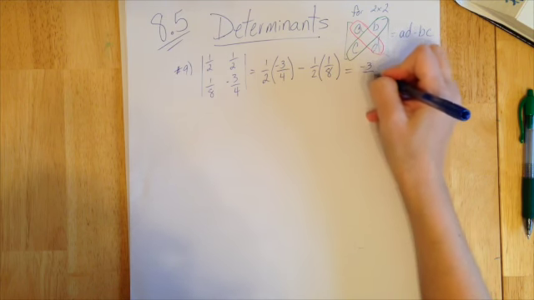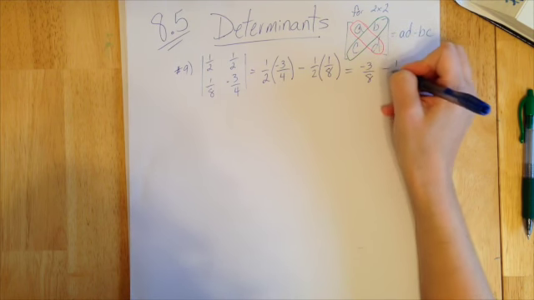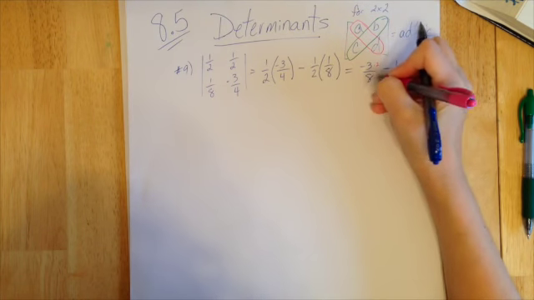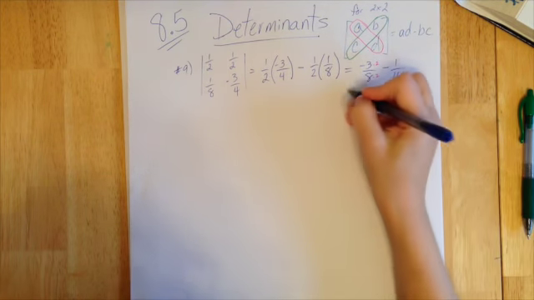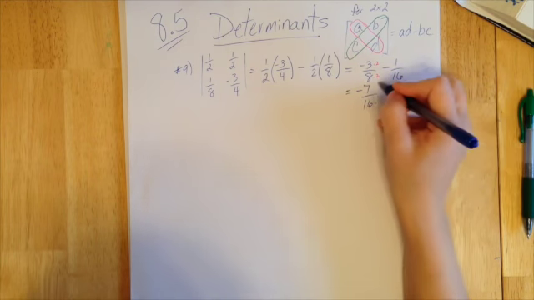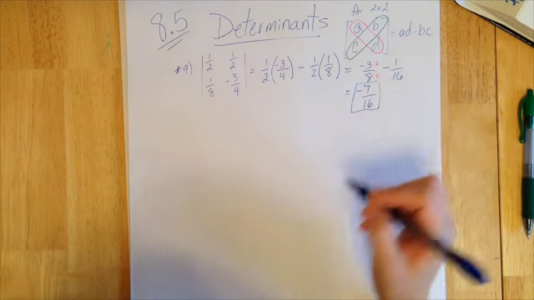Multiplying across, we got negative 3/8 minus 1/16, making them 16ths. We have negative 7/16. So, answer is a number.